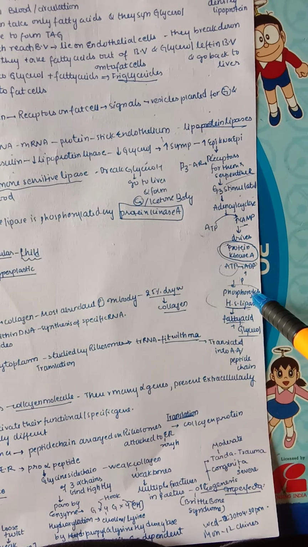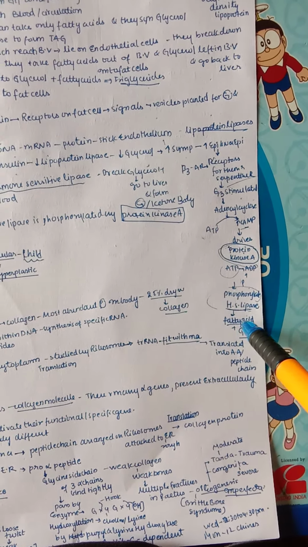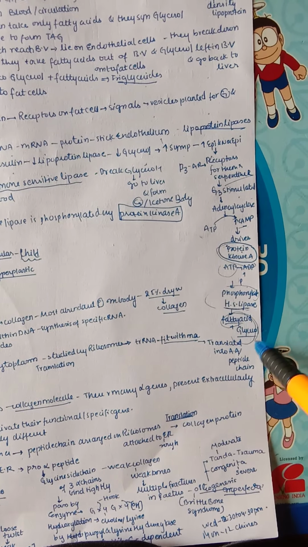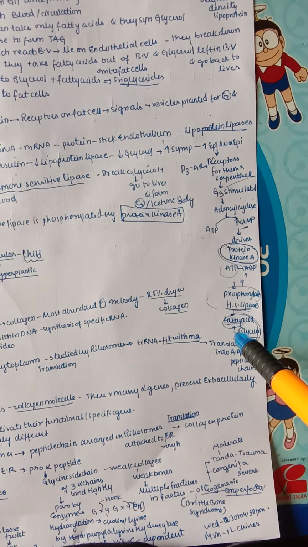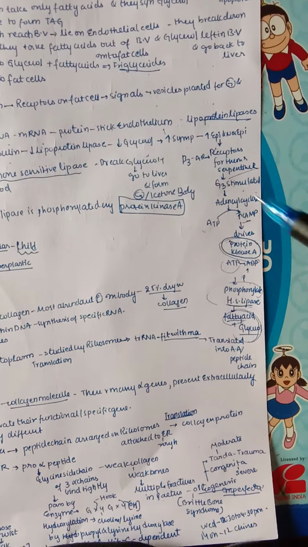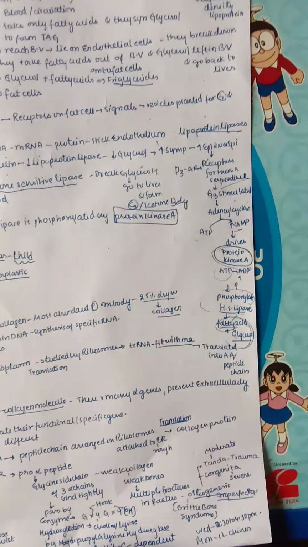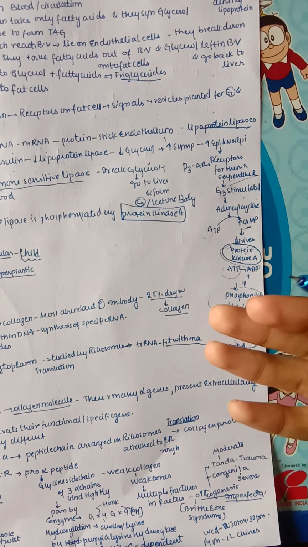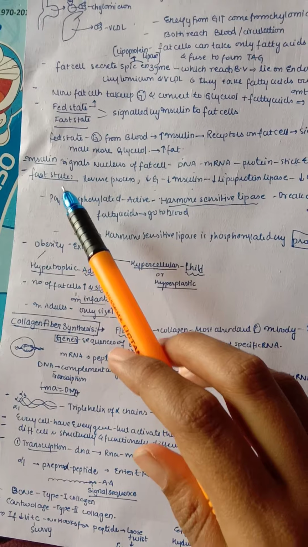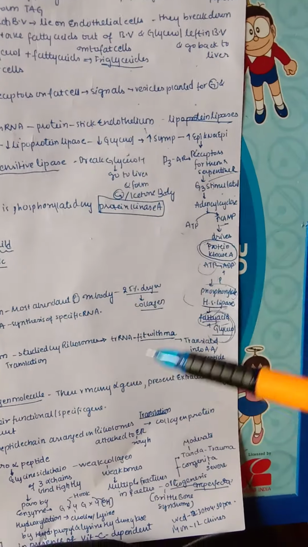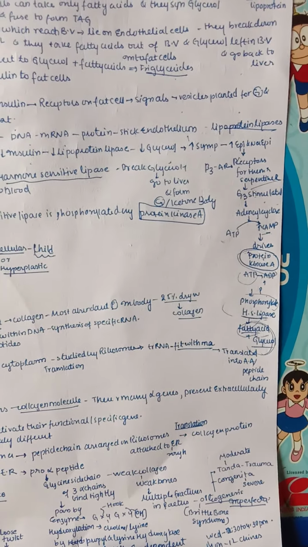Whenever there is phosphorylation of hormone sensitive lipase, the fatty acids get detached from the glycerol. So this is the reverse process, right? Whenever in the fasting stage our fats get less, fatty acids dissociate from glycerol and are taken back.